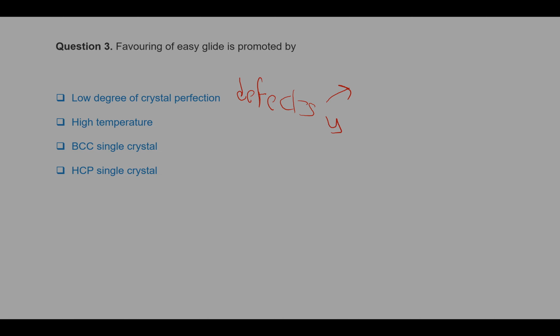There will be two possibilities. One is a higher number of atoms or a lower number of atoms, like vacancy. Because of higher, it will cause hindrance, and hindrance is against easy glide.